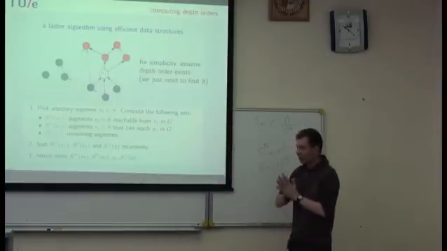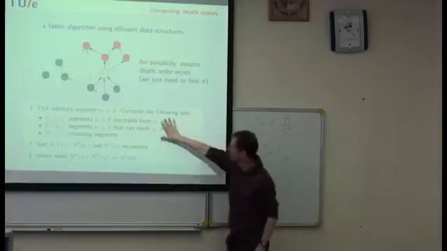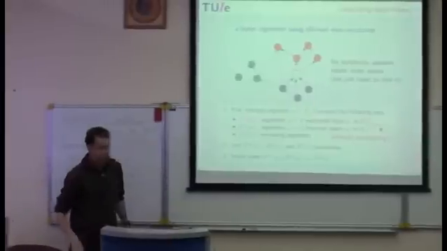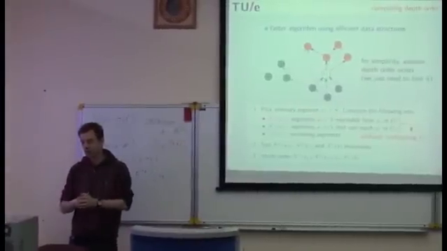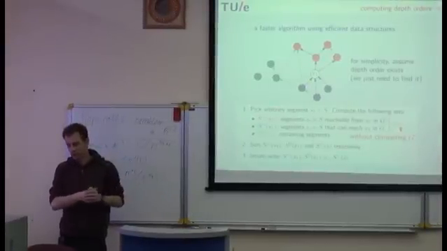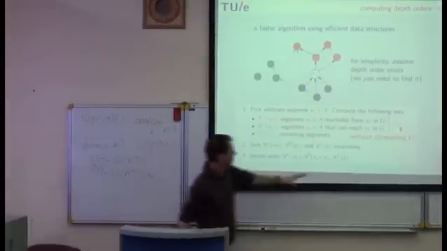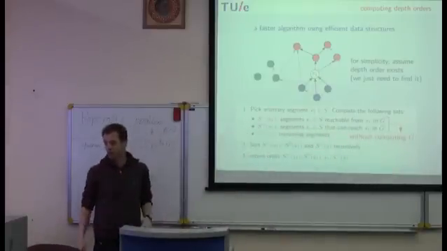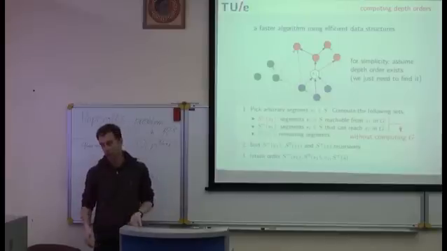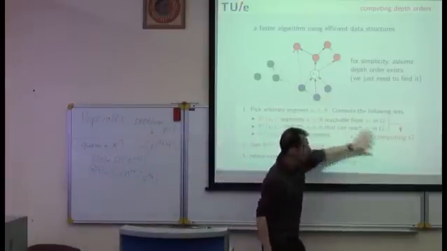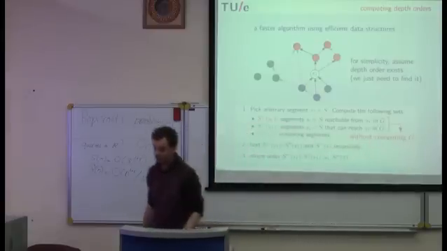So this is the general idea, but this step here, of course, I want to do without computing this whole graph, because the whole point was that this whole graph could have n squared edges. So I don't want to compute this graph and then define these sets, because if I have the graph, I can just sort topologically. So somehow I want to compute these sets without computing this graph.